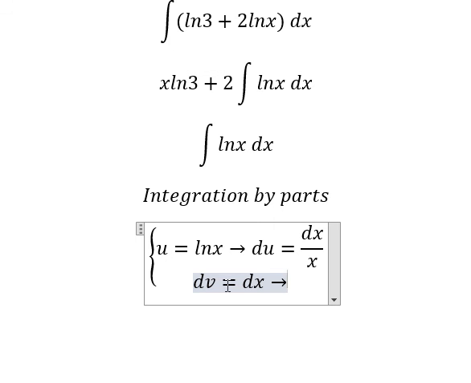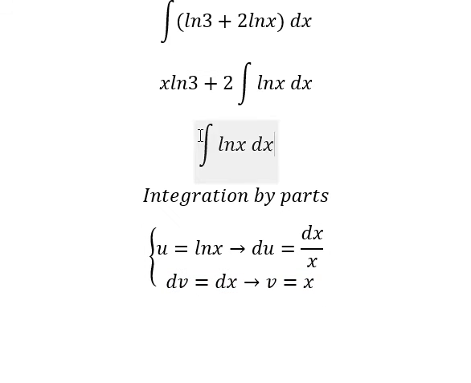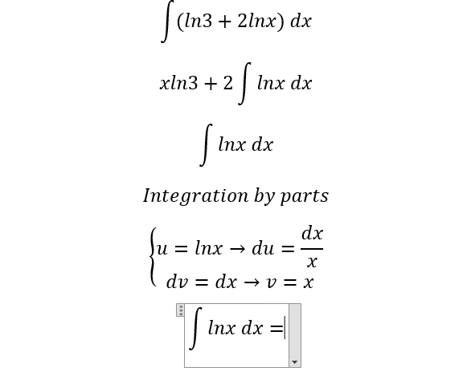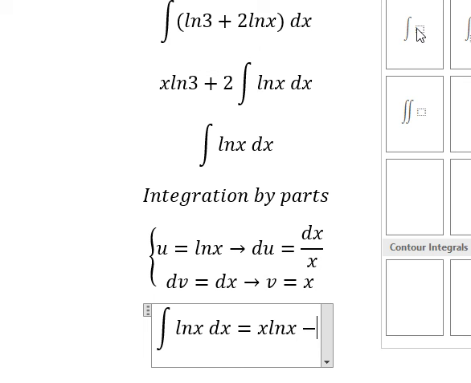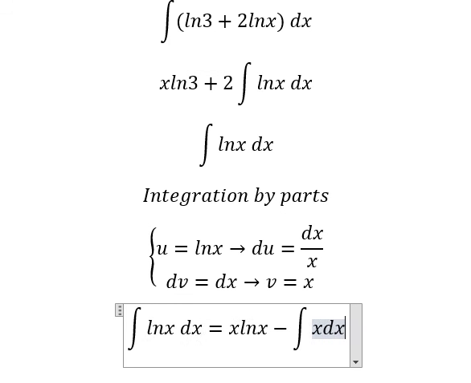The integration of this one, we have v equals s. So we have u multiplied by v minus the integration of v du, so we have the integration s ds over s.